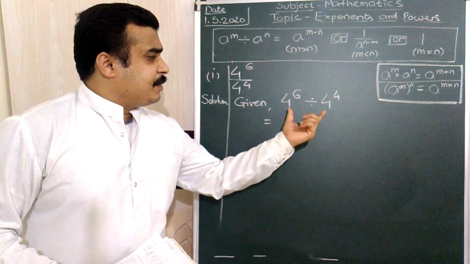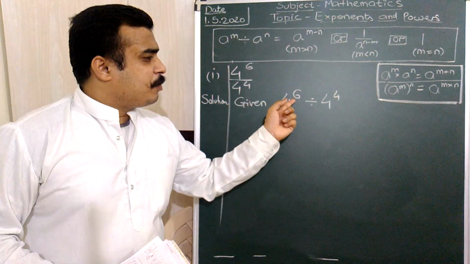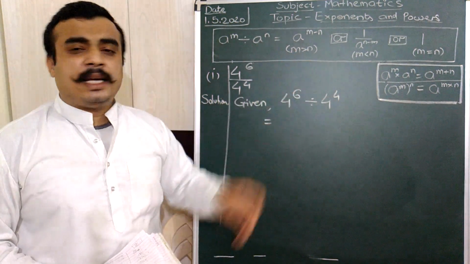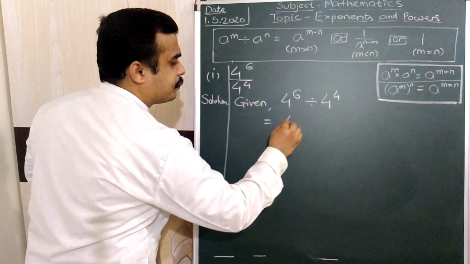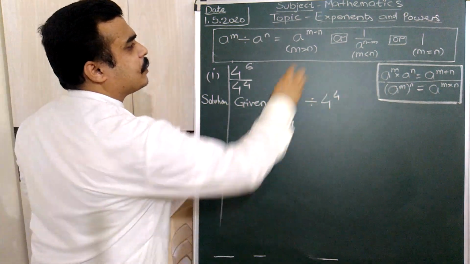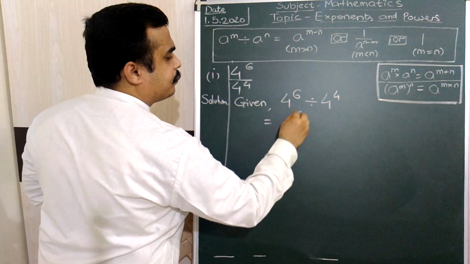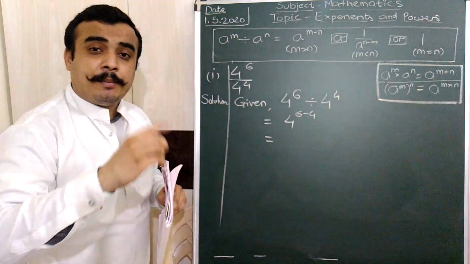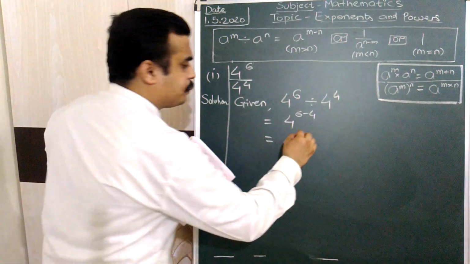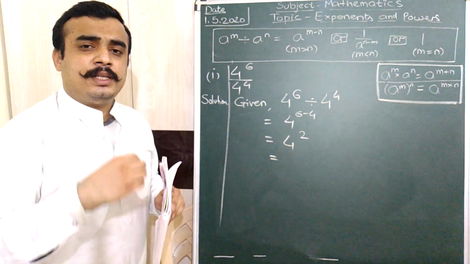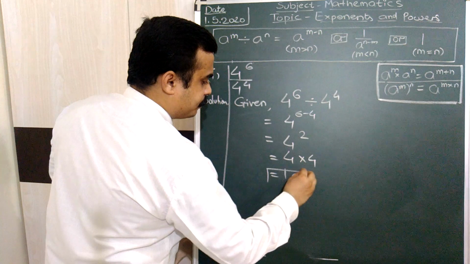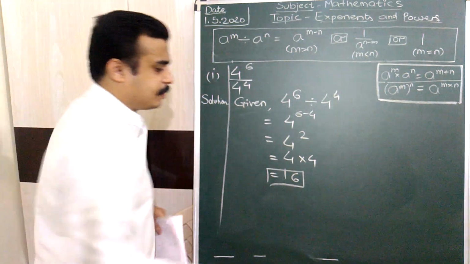When we compare this with the third law, we can observe that the first power is more than the second power, that is m is greater than n. So we can write it as 4, which is the common base, 4. Now m minus n, 6 minus 4, so 2. So 4 raised to the power 2 means 4 into 4. So the answer is 16.